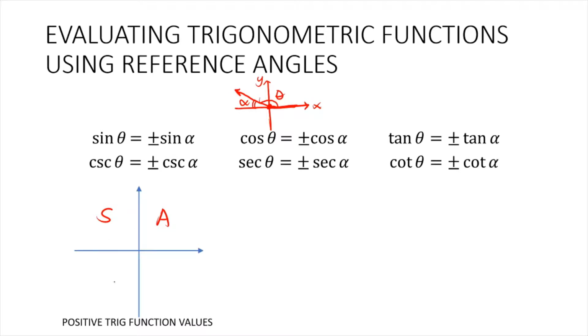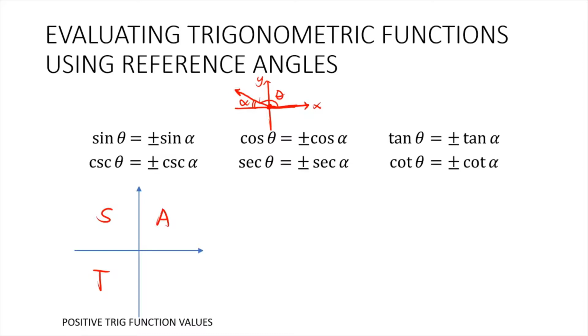In the third quadrant, both the x component and the y component are negative. Therefore, the only positive trigonometric functions are tangent and its reciprocal, which is cotangent. Remember the tangent is the ratio between the sine value and the cosine value.